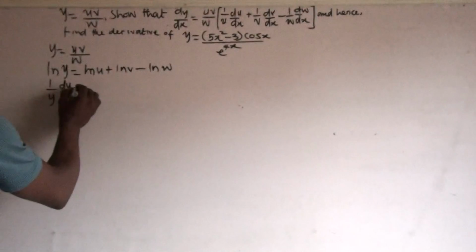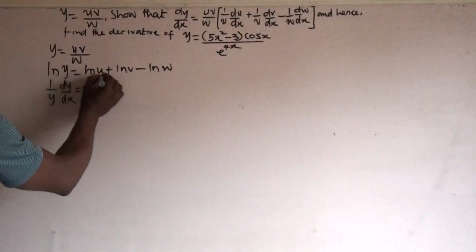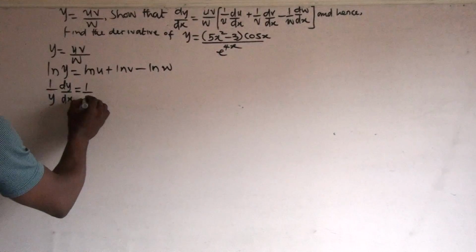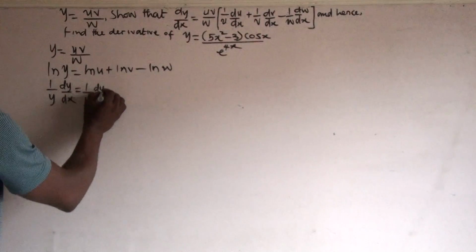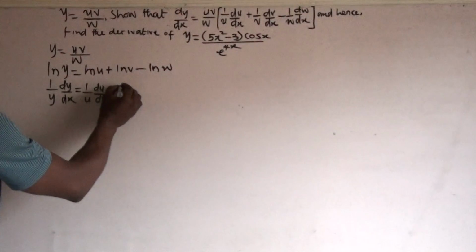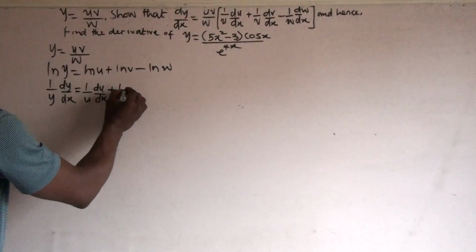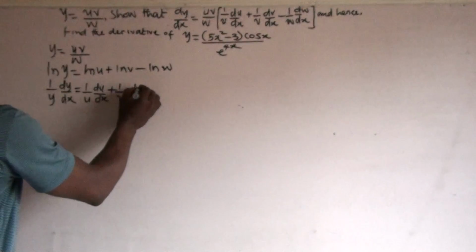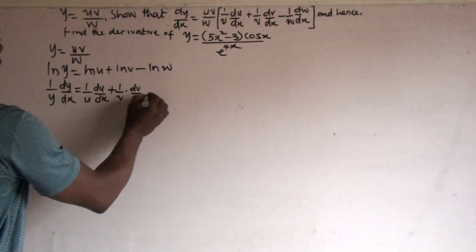So similarly for this, if we are differentiating ln u, it's going to be 1 over u, du over dx. Similarly, ln v is going to be 1 over v times dv over dx.